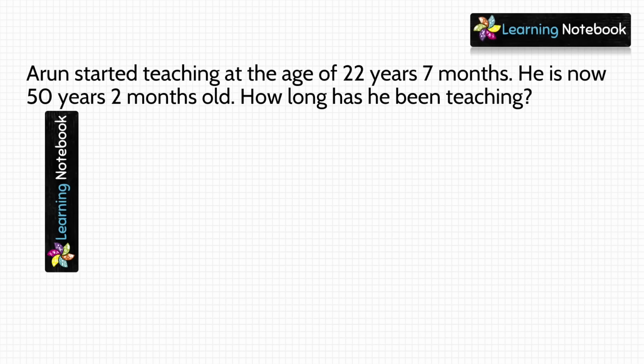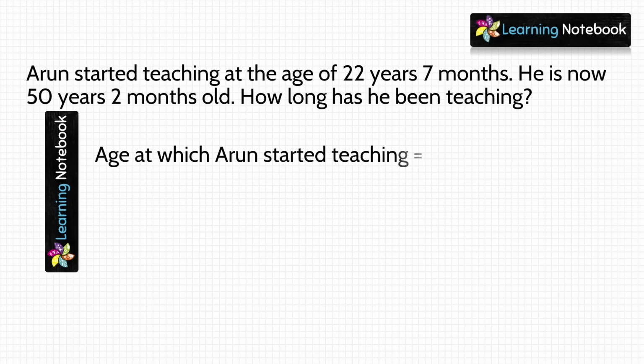So students, in this question also, we have to find an interval. But this time we have to find it in terms of years. So let's see how to solve it. Age at which Arun started teaching equals 22 years, 7 months.